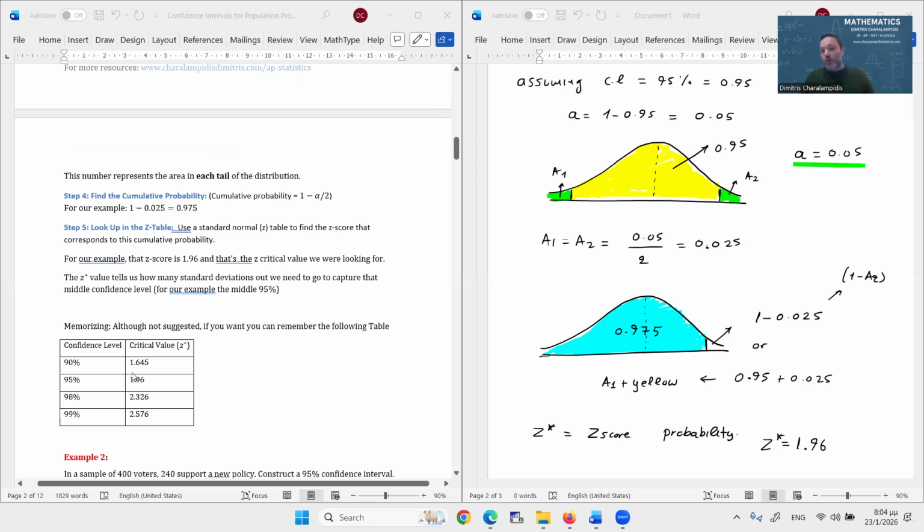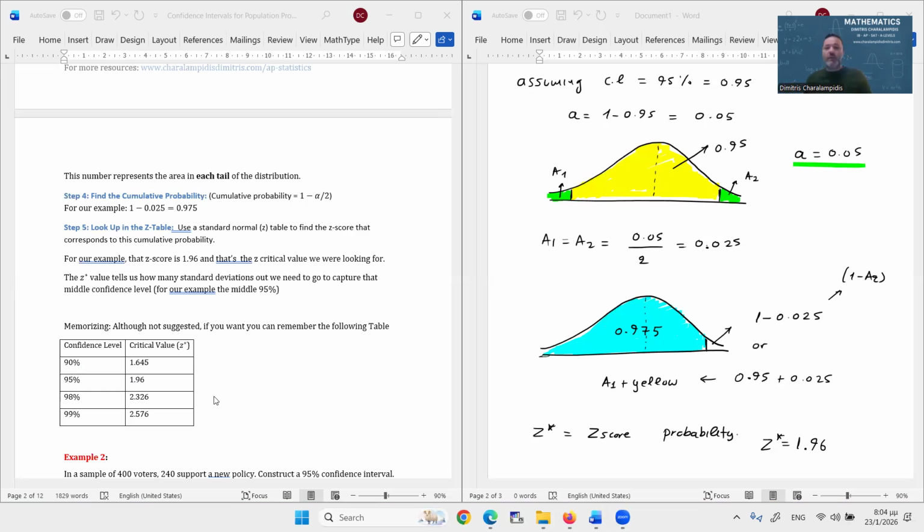This is how, although it's not suggested, we're doing math anyways, we need to know the process. You can, if you want, memorize the z critical values, if you want to be quicker, instead, it's not given directly in the exercise. So if you go on, and I would like you to do that as practice, if you have a confidence level of 90%, the corresponding z critical value would be 1.645.